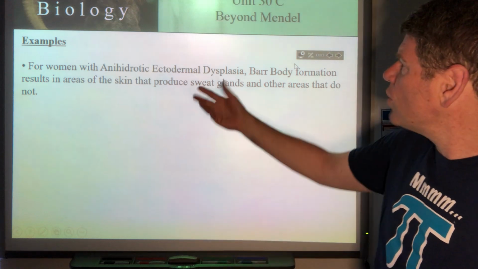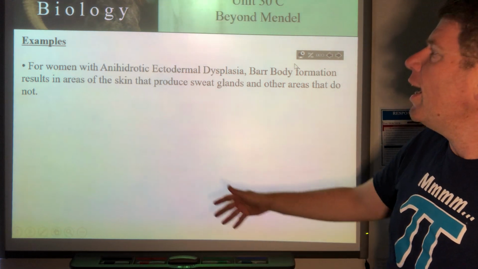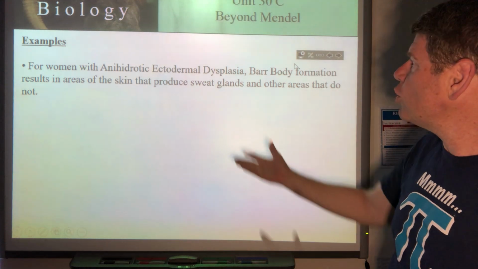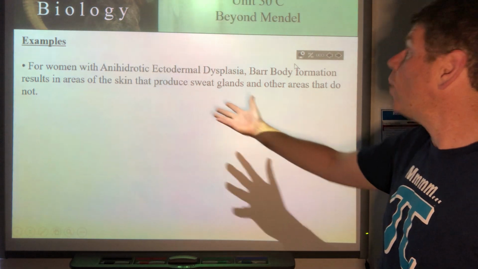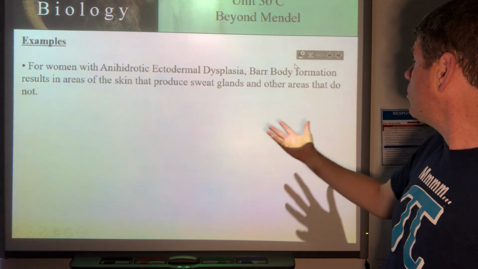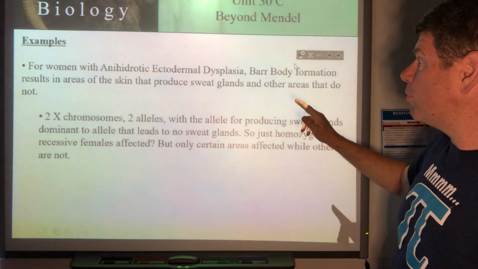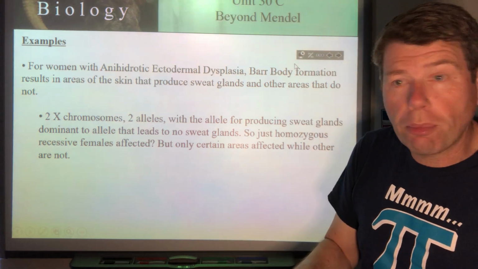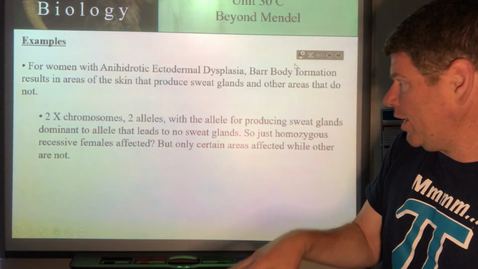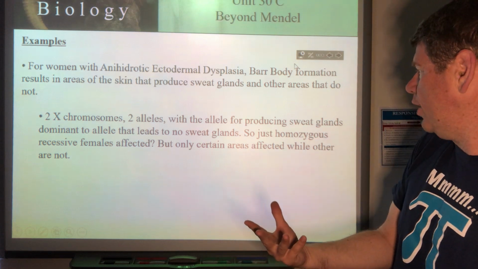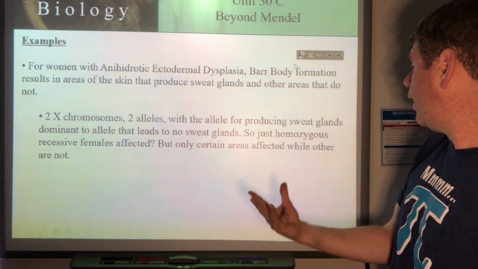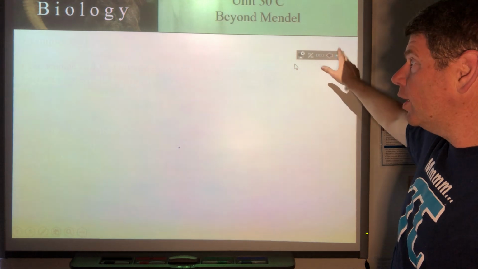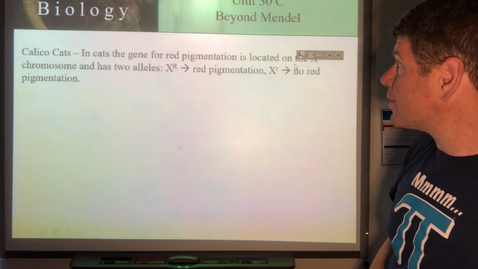And so that results in certain situations like anhidrotic ectodermal dysplasia, a situation where sweat glands end up being produced or overproduced in certain parts of the body and underproduced in other parts. So kind of patchy. You kind of get this patchy situation, all right? So there's that situation. There's also the situation in calico cats.